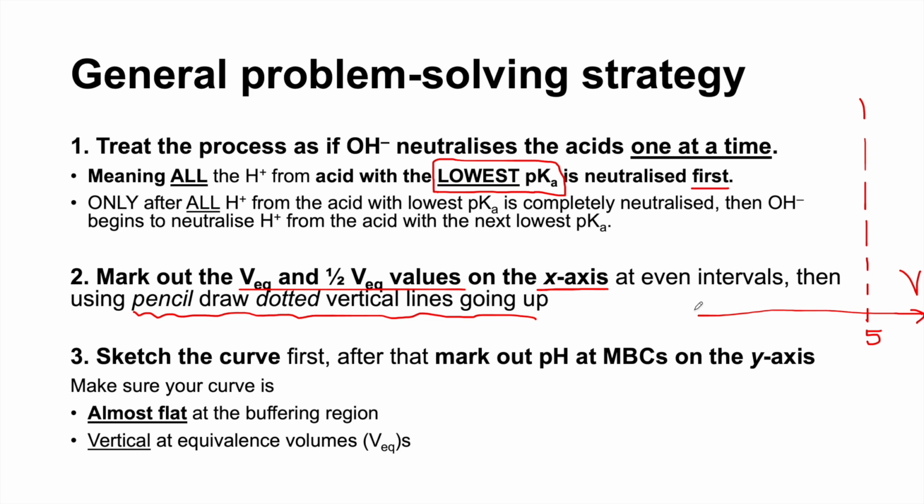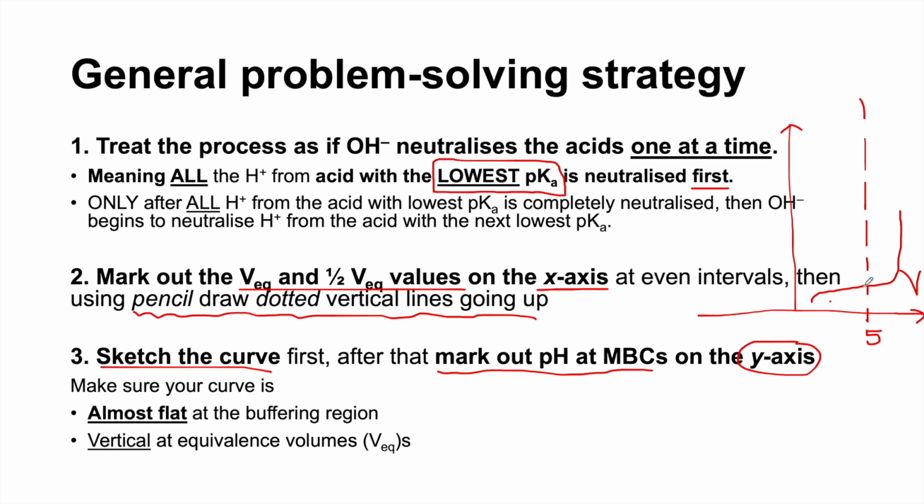Okay, and then after that, the next thing I'll do is sketch my curve. Then afterwards, I will mark out the pH at the MBC on the y-axis. So let's say I just make up a y-axis here. Oops, I cut through my text.